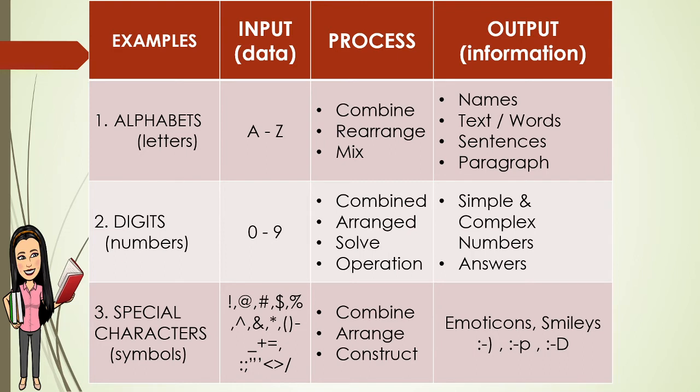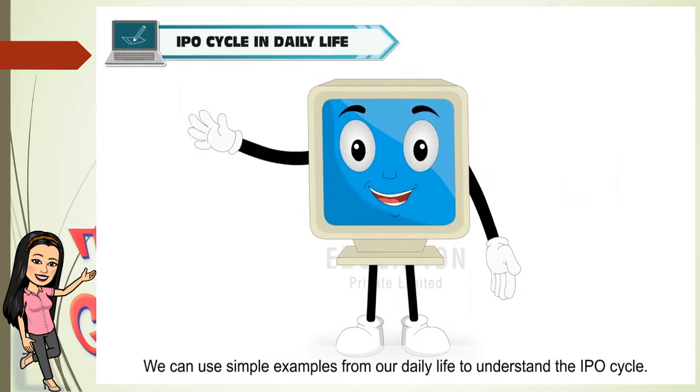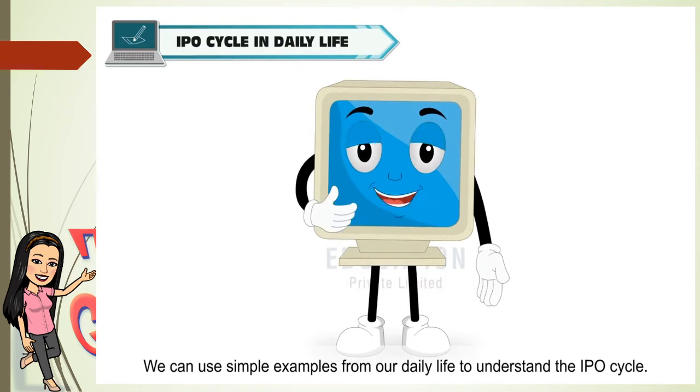Plus, can we also apply IPO in our daily lives? The answer is yes. To give some other examples, let's watch a video again. We can use simple examples from our daily life to understand the IPO cycle.